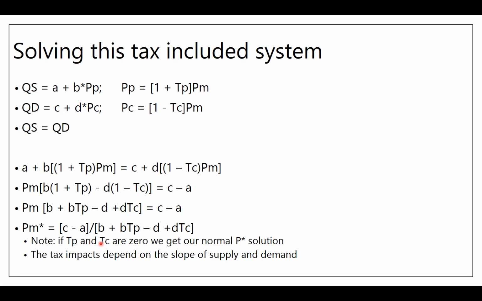The second thing to note from this, whatever the tax influence is in this market, a tax applied to the producer side or a subsidy, because TP can be tax or subsidy, or a subsidy or tax applied to the consumer side, it's going to depend on the response on the demand side and the response on the supply side. So this is our first indication that the efficiency in the market is going to be affected, because the taxes or subsidies that get introduced in this market filter into the response.